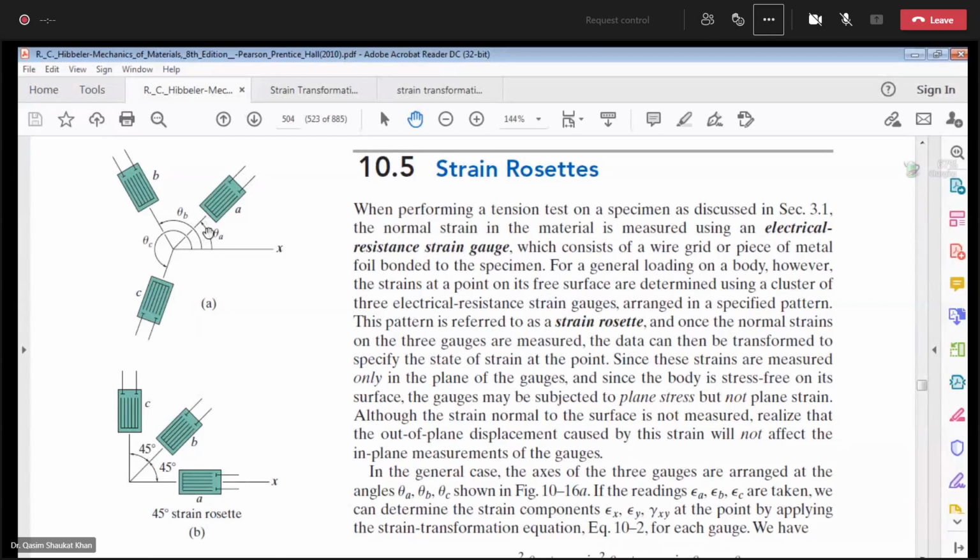This direction is defined by theta A with reference to the x-axis. They are attached at some angle, in different directions. And then when you are solving this system, you get epsilon A, epsilon B, and epsilon C.